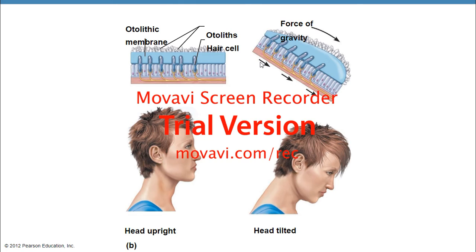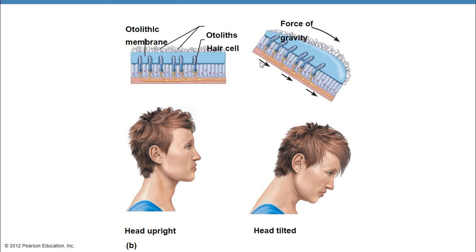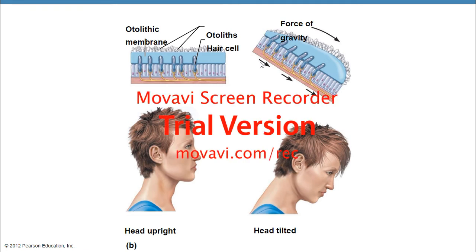When they move, they're going to deflect different hair cells that trigger either hyperpolarization or depolarization of the hair cells and modify the rate of the impulses along the vestibular nerve, okay?